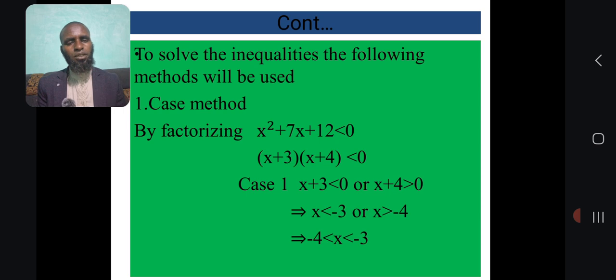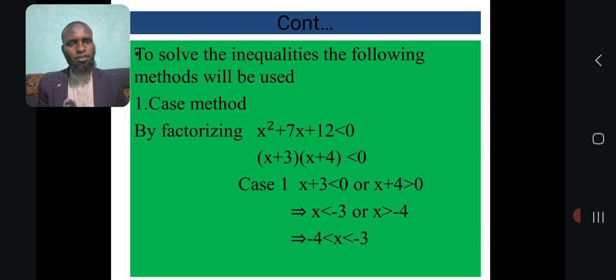In equations, we use three methods: the factorization method, the completing the square method, and using the general formula. But here we can use the first one, the case method.